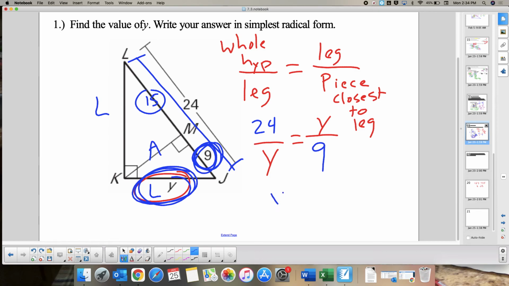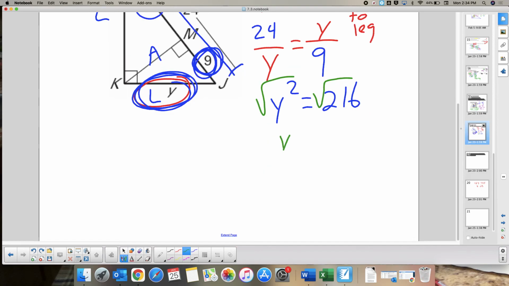Cross multiply, y times y is y squared. 24 times 9 gives us 216. So we take the square root of each side. I have y equals the square root of 216.